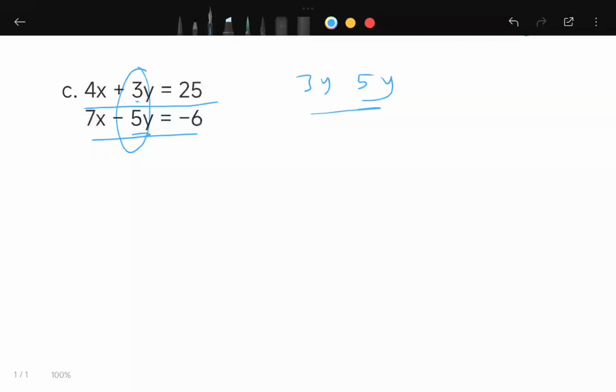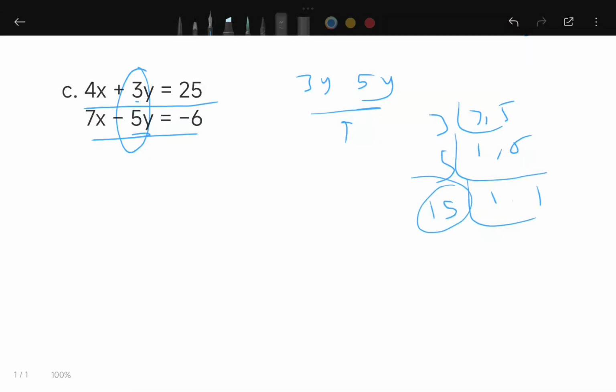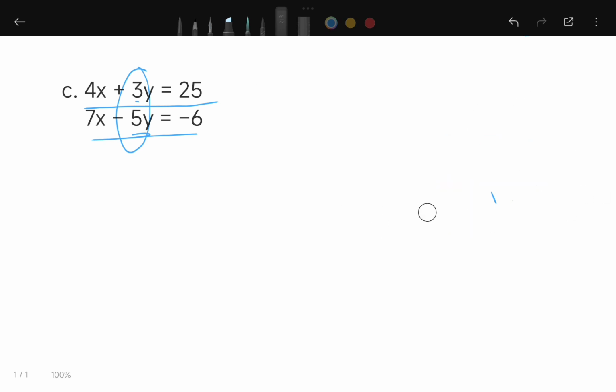What is the LCM of 3 and 5? 3 times 5 is 15. LCM is 15. So let us make y as 15y in both equations. To make it 15y in the first, we need to multiply by 5. To make it 15y in the second, we need to multiply by 3.